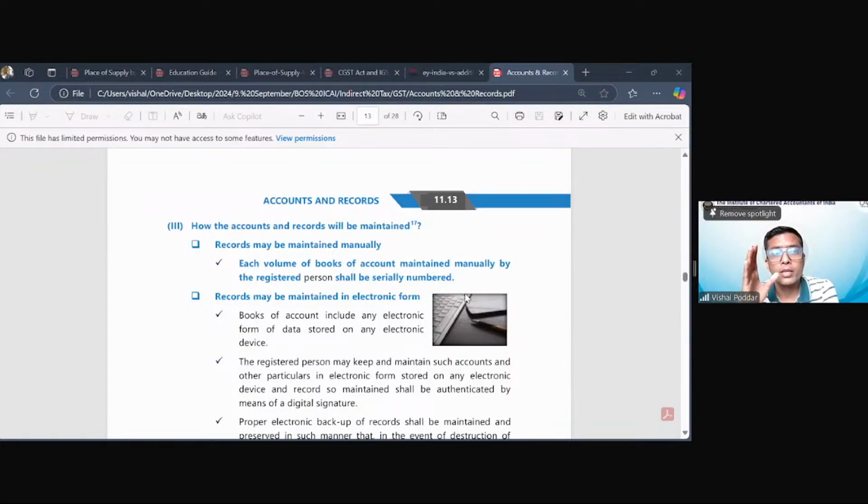So wherever the rate is 1% or 5% on output, in the case of residential flats, and in some cases even on commercial shops, you are not eligible for ITC.